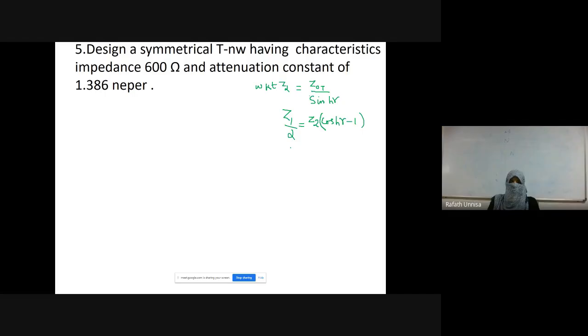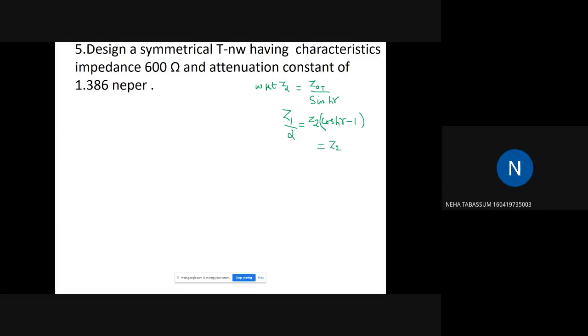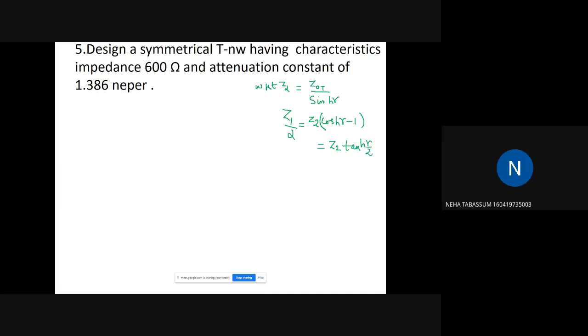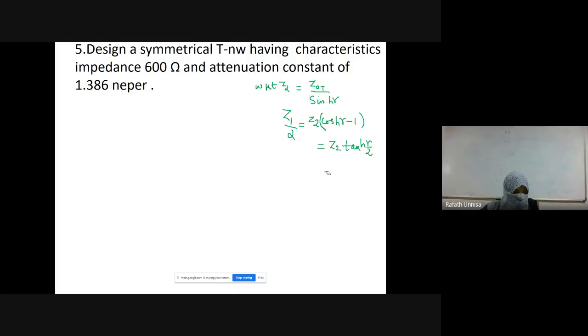That also you can use, or you can go for this formula also. Z1 by 2 equals Z2 into tanh gamma by 2, and Z2 equals ZOT by sinh gamma. Okay, cross check your answers.